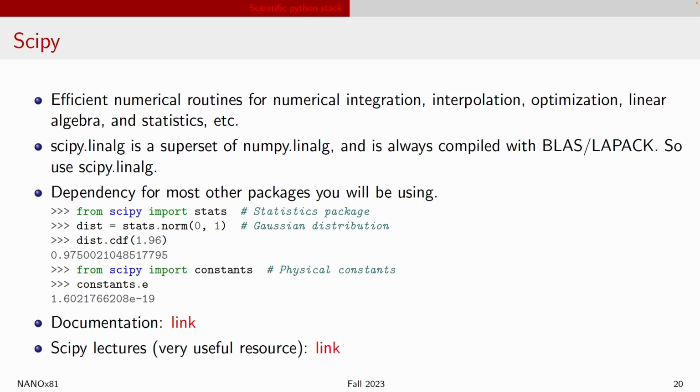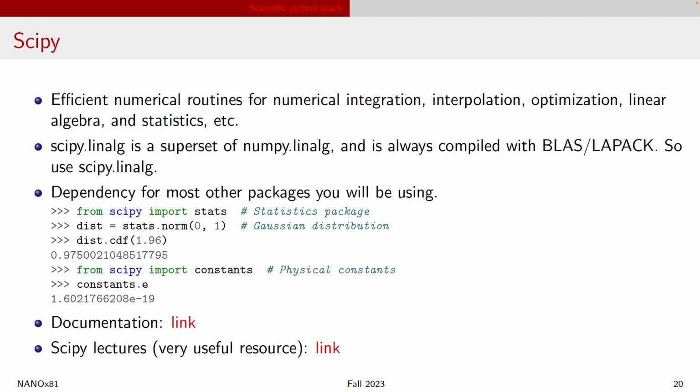SciPy is also a dependency for most of the other packages that we are using. Okay. So just to show you some of the functions that we might be using. For example, SciPy has a package called stats. This implements a lot of statistical functions and distributions, right?